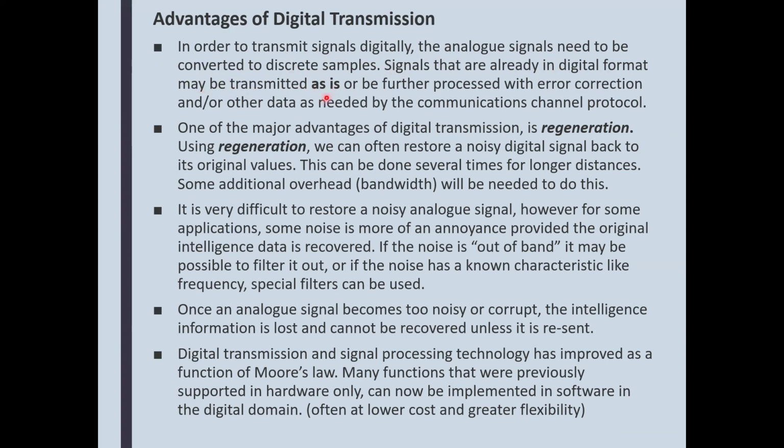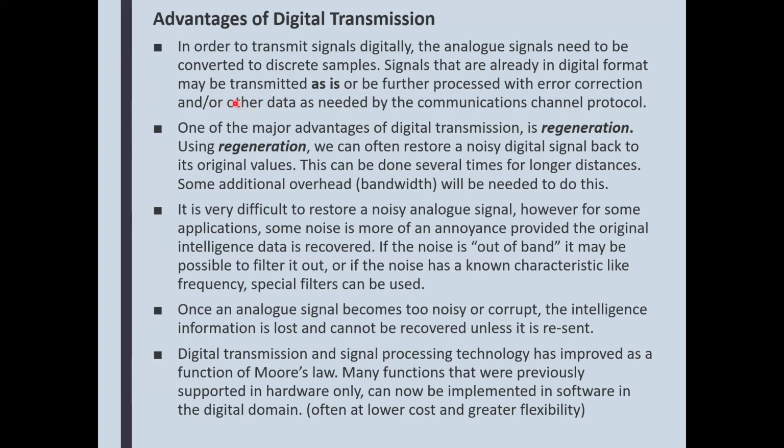Don't need to be, but analog signals have to be converted to digital format, or further processed with error correction and or other data as needed by the communications channel protocol, which means with all the attachments that go with it.